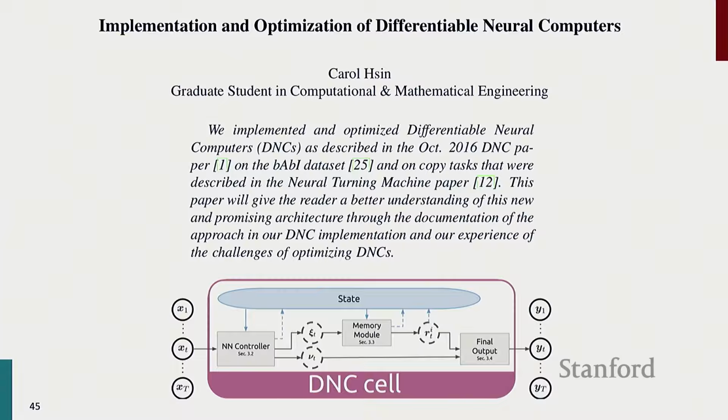And so Carol set about writing her own implementation of a differentiable neural computer, which in a way was a little bit crazy. A few days before the deadline, she still hadn't gotten it working, so it could have been a complete disaster. But she did get it working before the deadline and got it to run, producing some interesting results. So that was kind of cool. So if it's something interesting, it doesn't have to be original. It can be sort of re-implementing something interesting. Okay.